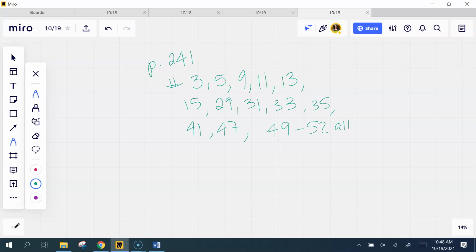These are matching that 49 through 52, so you're looking at multiplicity and things like that.